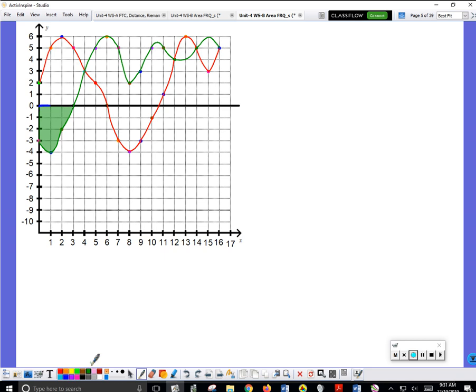If I call this function here f, and I call this red function g, we are going to need today to be able to make computations like this. We have to be able to look at this picture and say, if I draw a line from here to here, I need to figure out the length of the line.